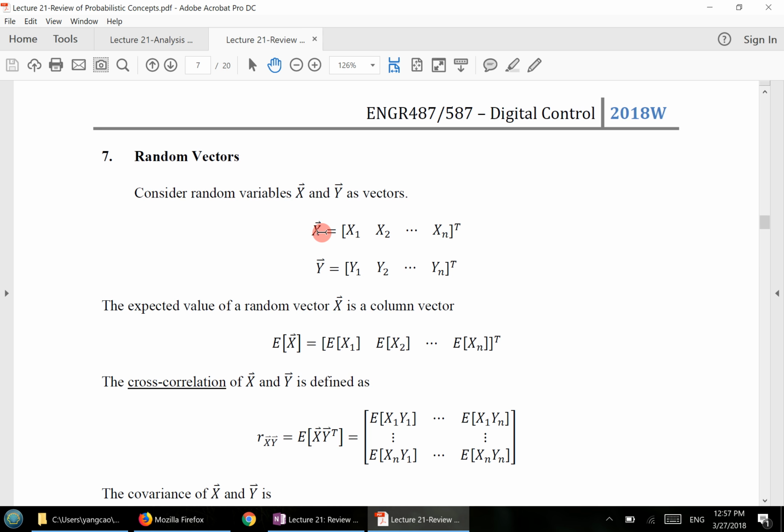So now we can still use the same concepts, the covariance concept and also the correlation concept, and apply them to these random variable vectors here. First of all, you can calculate the expected value for each random vector here, basically calculating the expected value for the individual random variables.